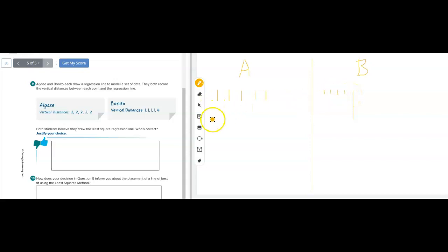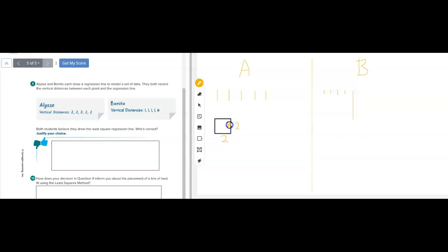But the reason it's called least squares is you have to take the distance, and remember we were making squares. So if each of these sides is 2, actually let me use a square tool, okay? If each of these sides is 2, so for each yellow line here for Alyssa, the sides are 2 units by 2 units.